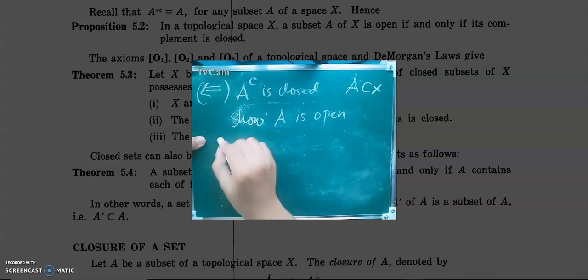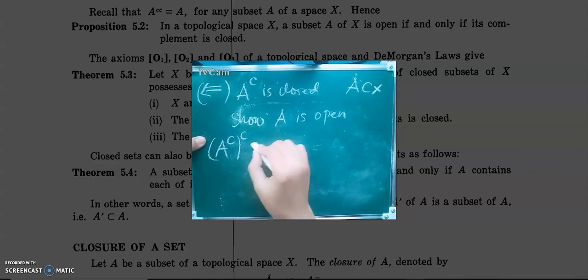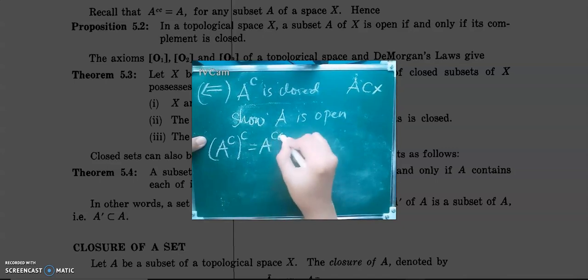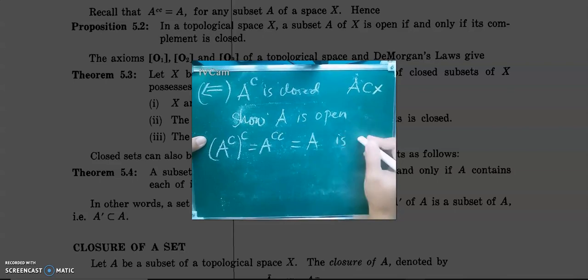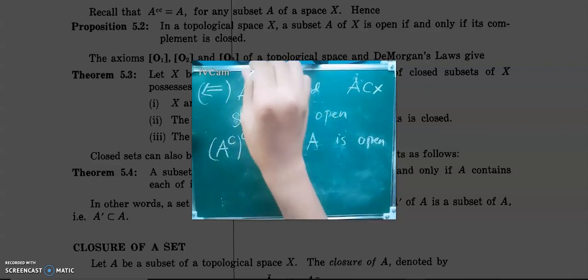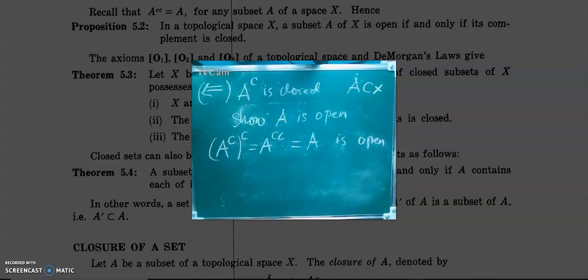So the complement of the complement is equal to A, which is of course open, based on our definition of A complement being a closed set. Hence, we have shown that A is open.